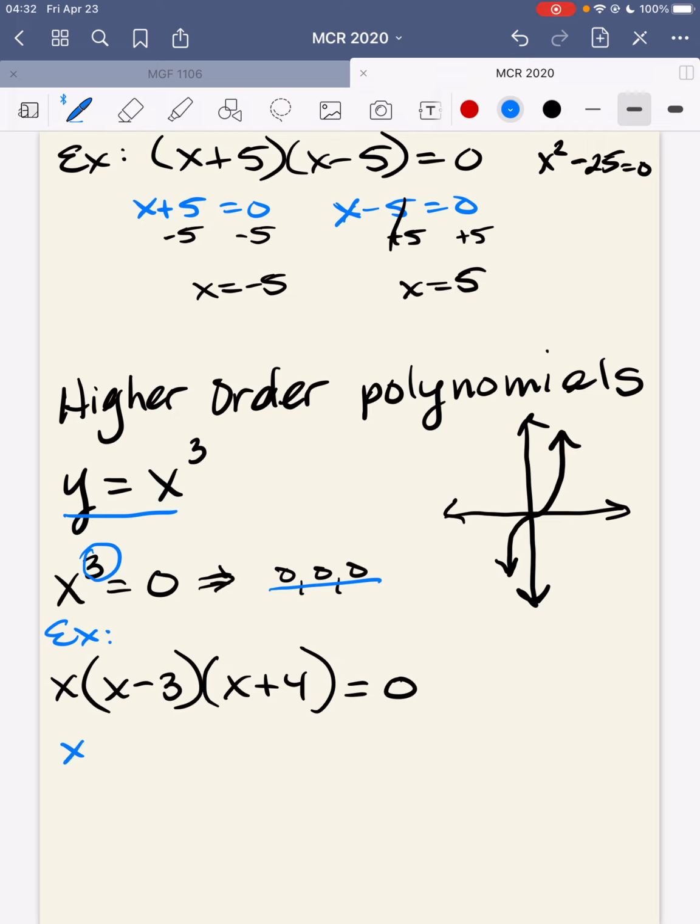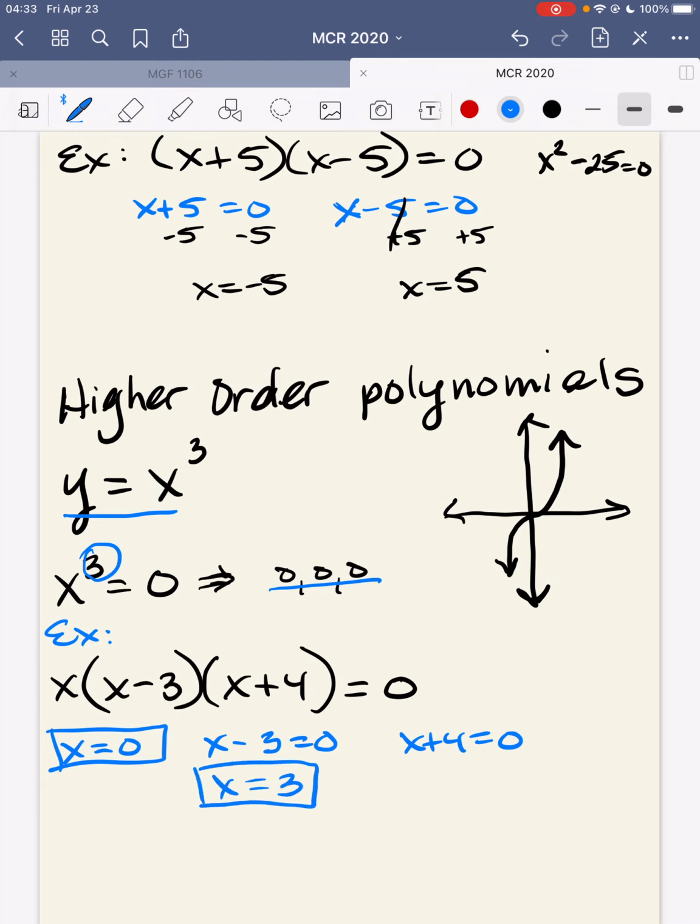So either x is equal to 0, x minus 3 is equal to 0, or x plus 4 is equal to 0. Okay? So our first one's already solved for us. The next one, I add 3 to both sides. x is equal to 3. And the last one, I subtract 4 from both sides. x is equal to negative 4.